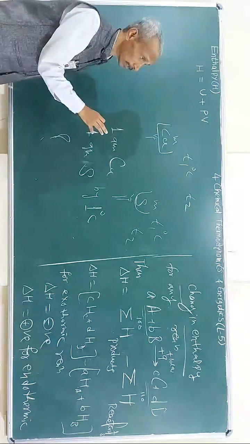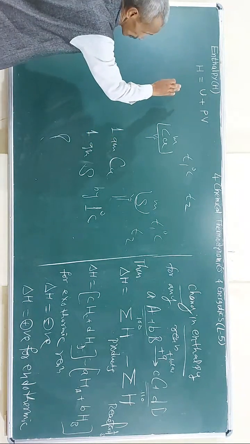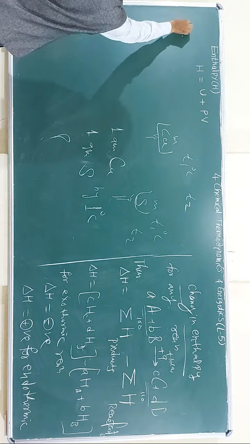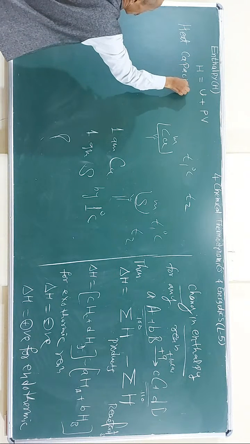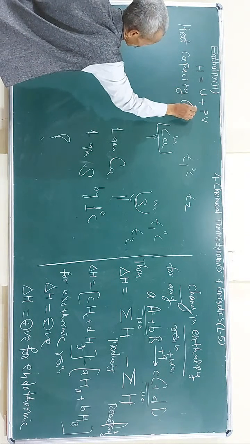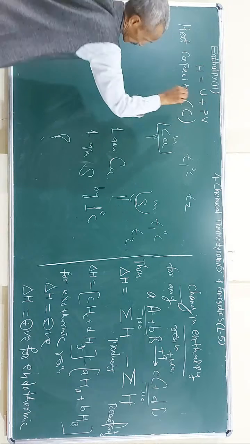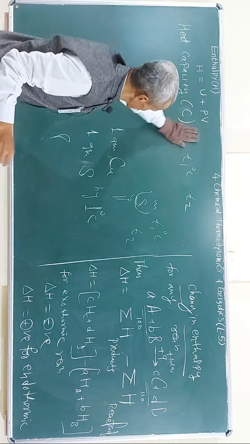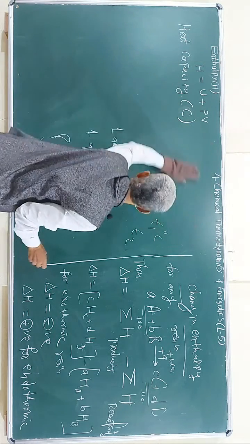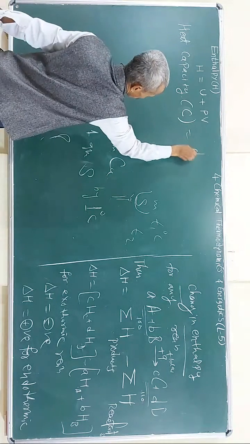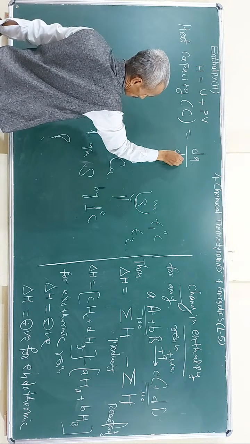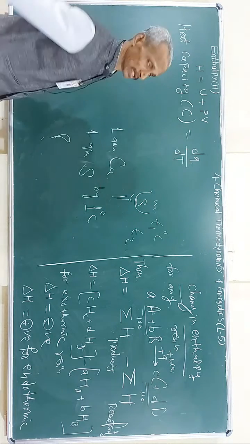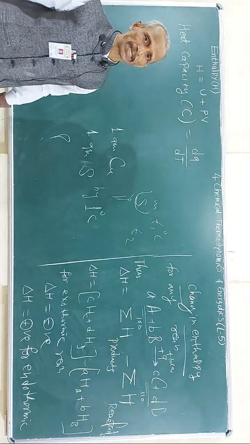That means we are going to study the second concept, that is the heat capacity. The heat capacity of a substance is denoted by capital letter C. Heat capacity can be defined as the amount of heat absorbed to raise the temperature by 1 degree Celsius, dq upon dT.